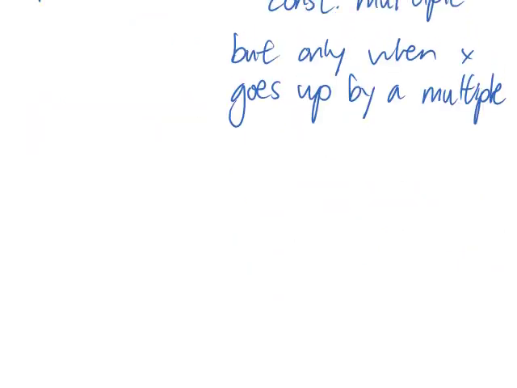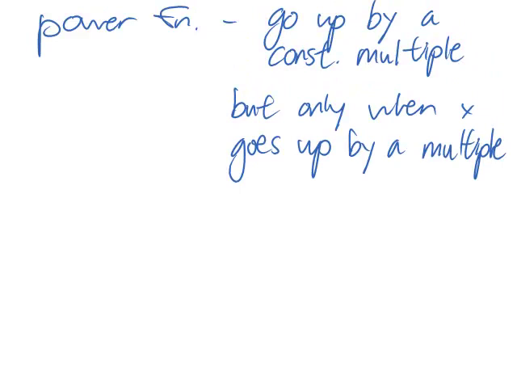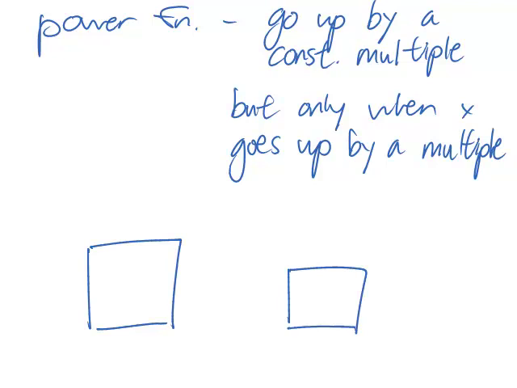And one thing that you already know that power functions can model really well is areas and volumes. For example, if I look at a square with a side x, its area is of course x squared. If I look at a circle with a radius r, the area is pi r squared, which is a power function.